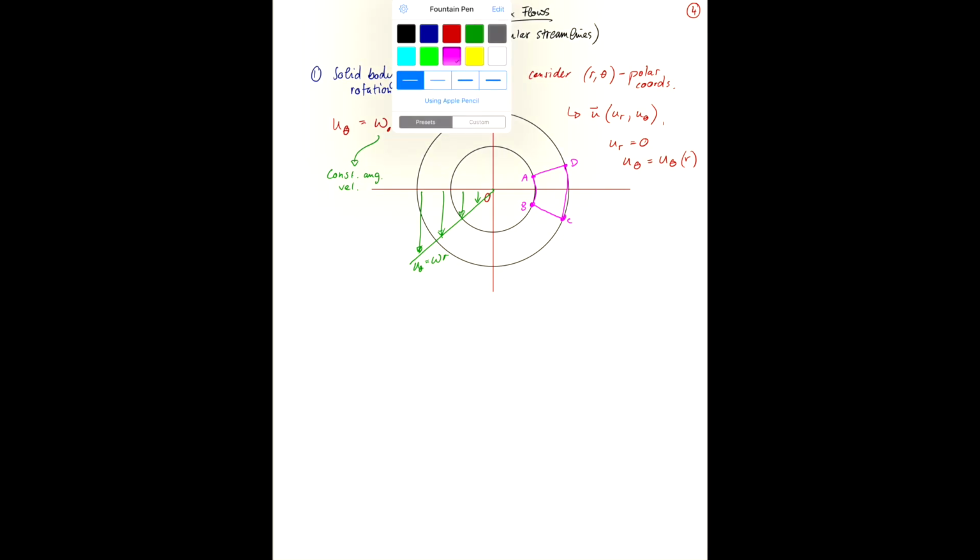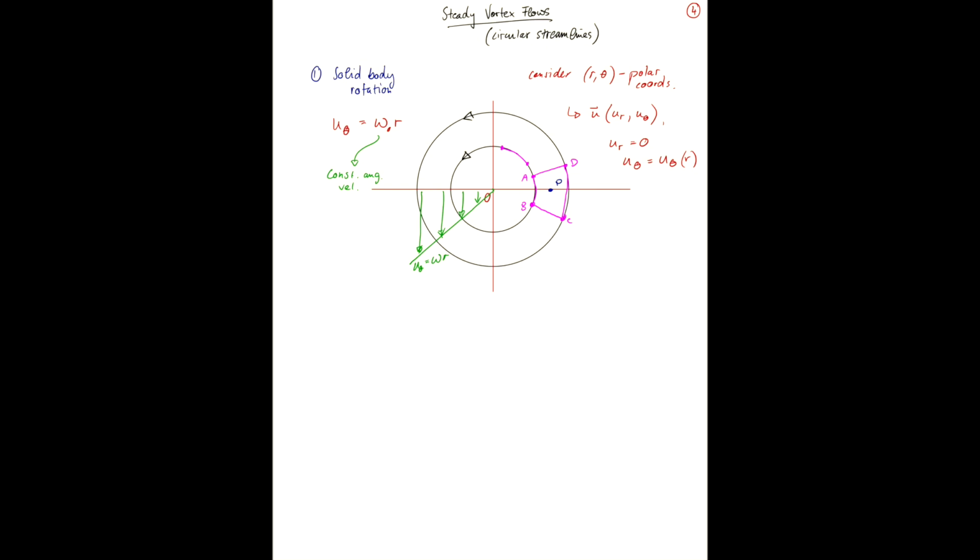It has a center point P. If your streamlines are pointing counterclockwise, so your flow is counterclockwise around the origin, then after some time dt, your new element will be up here.